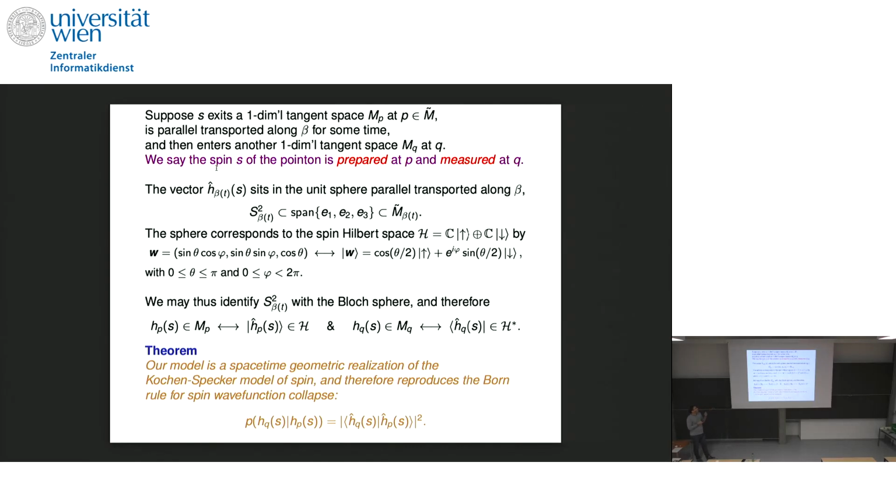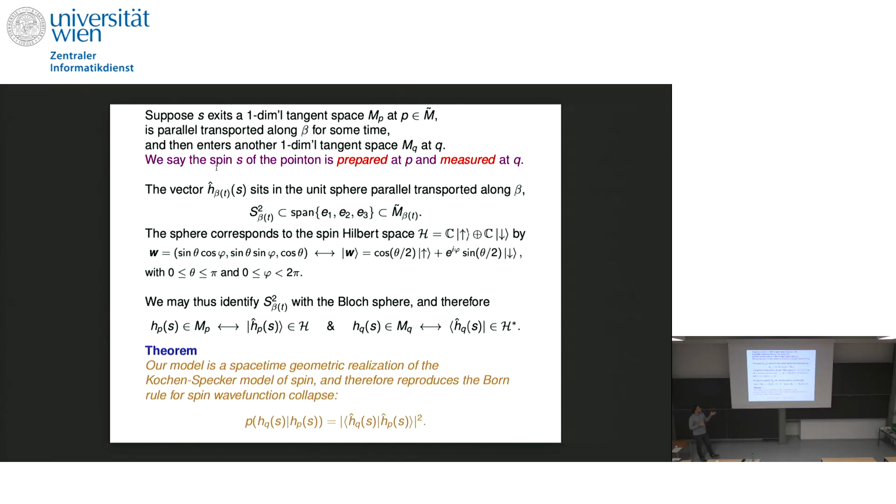And this sphere corresponds to the spin Hilbert space, this two-dimensional Hilbert space for spin, with the usual correspondence with the Bloch sphere. So we take this usual correspondence, and we may thus identify this sphere that we parallel transport along the world line with the Bloch sphere, and therefore the projection of S at P we identify with the ket of its normalization, and the projection of S at Q with the bra of its normalization.